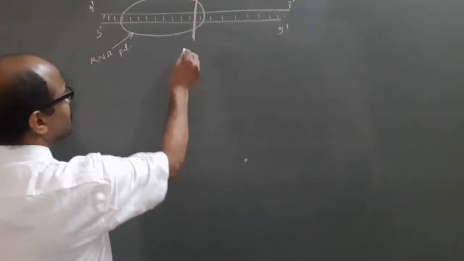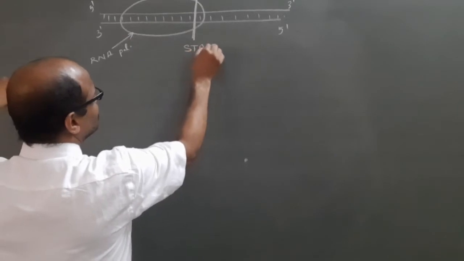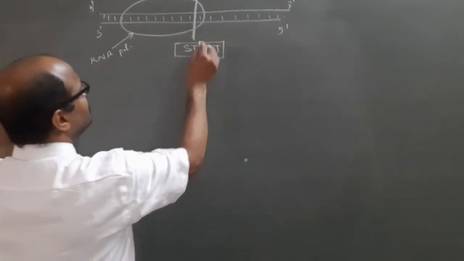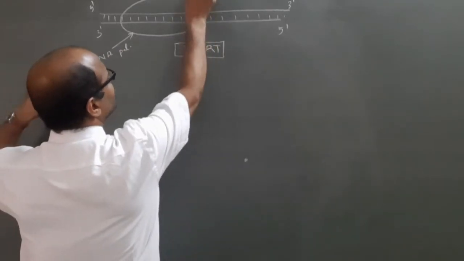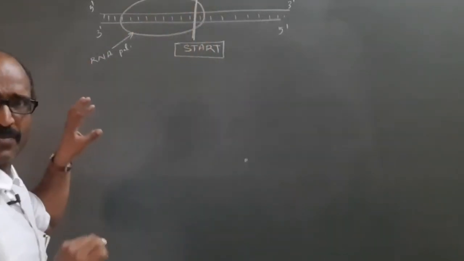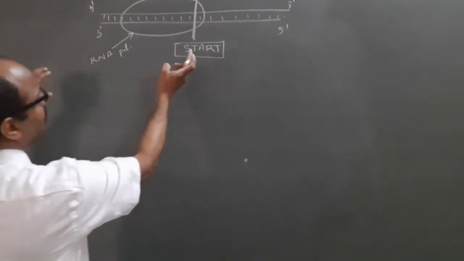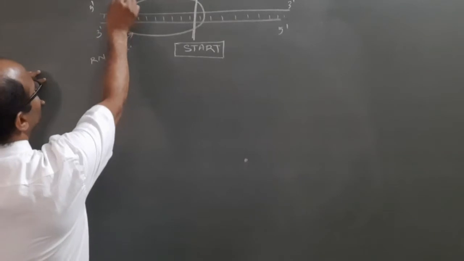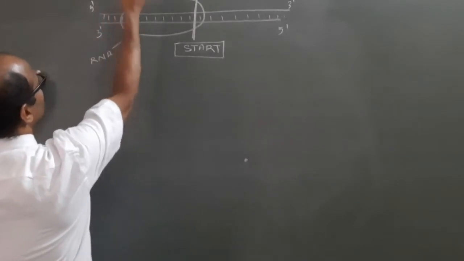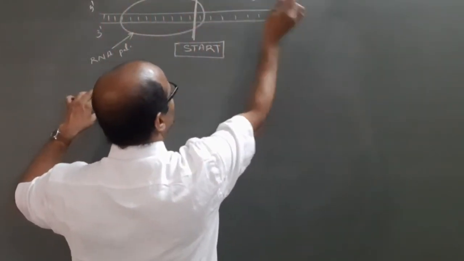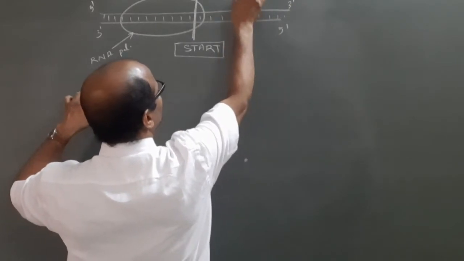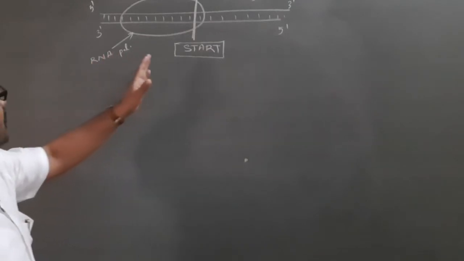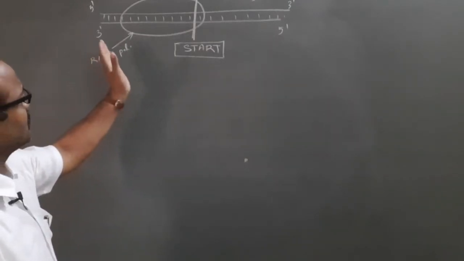This region is known as the start region, which is demarcated as +1. Upstream of the start region on the coding strand is the upstream region, and towards the 3' end of the coding strand is the downstream region.